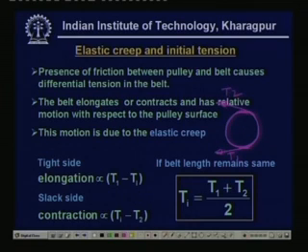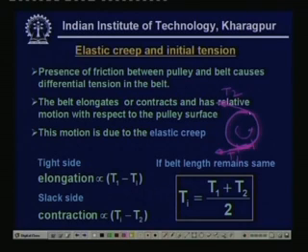Now, normally what happens is that from the T 1 side, suppose this is moving, on the higher tension side the belt has a tendency to elongate. Now, once it is elongating in this zone, just at the entry to the pulley, say it has some velocity v 1, then this velocity will be the same as the pulley peripheral speed.